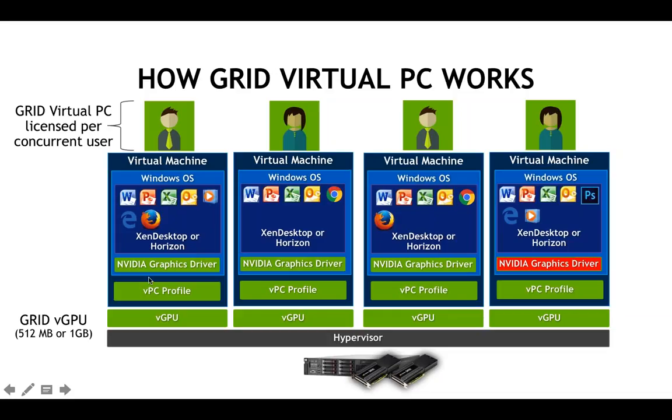You notice on the left-hand side, we can use with virtual PC the 512 or 1 gig frame buffer, and now we're licensed on a per concurrent user basis. That doesn't mean it's per user. You can follow the sun and use multiple users accessing the deployment, very similar to how Citrix works. And you see here, we've got the hypervisor, the virtual GPU. We've got our virtual PC profile that would be assigned to that virtual machine. And then we install just our standard NVIDIA graphics driver. So that's the significant differentiator here.